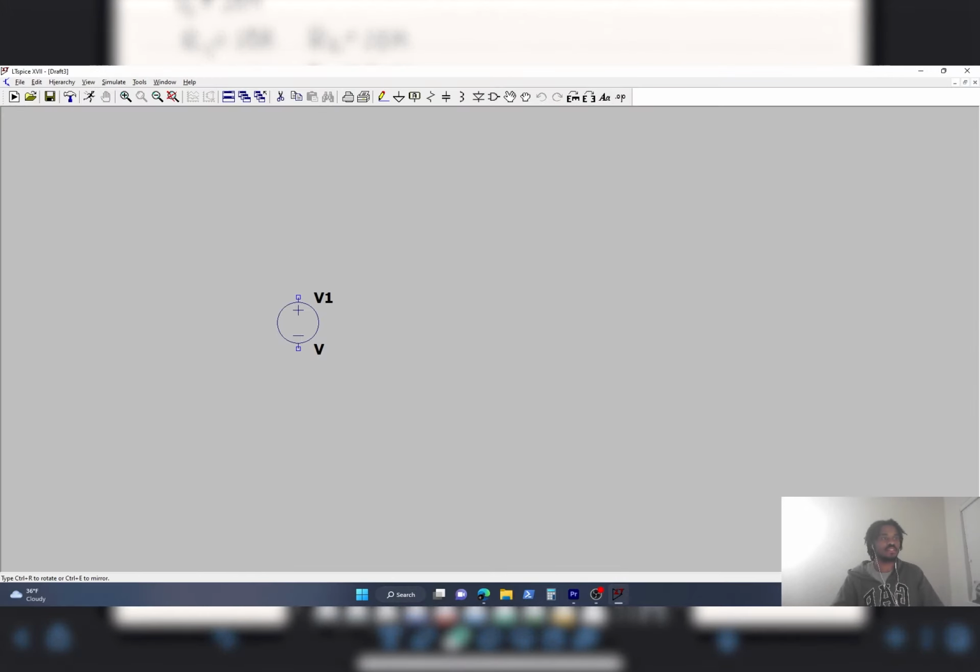Make a quick little schematic and run a DC operating point. So I'll make the schematic with the original circuit without the simplification to see how accurate it was.